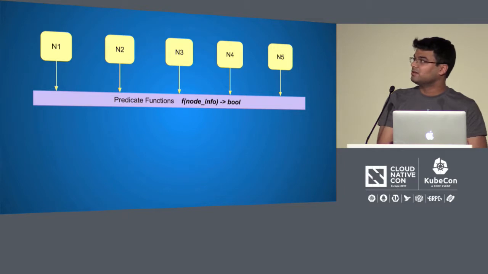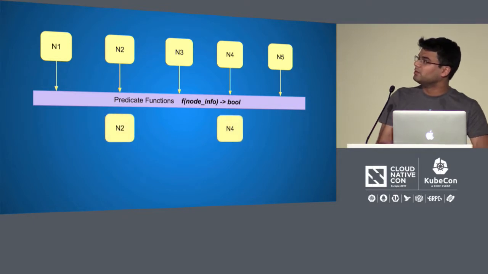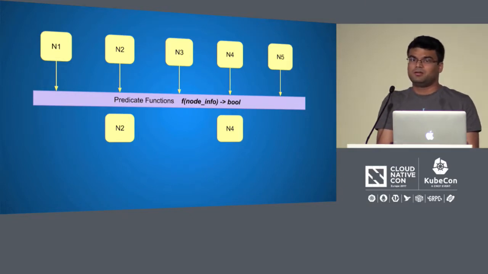We run that list of predicate functions on all the nodes in the cluster, and thereafter we get a filtered list of nodes. In this case, for example, we applied the predicate functions on nodes N1 to N5, and the scheduler found that only N2 and N4 satisfied whatever the pod criteria was.